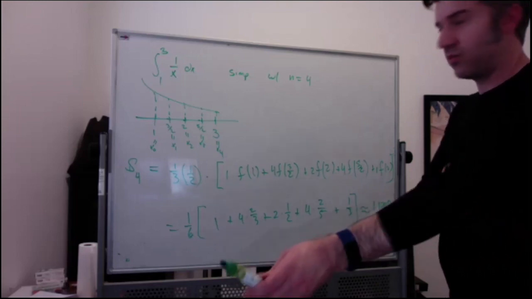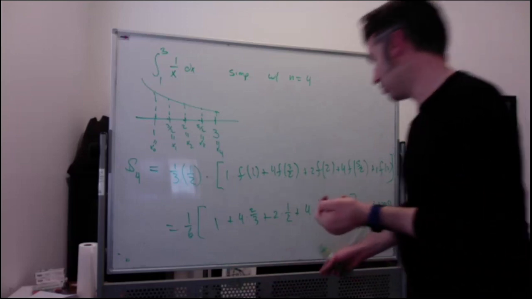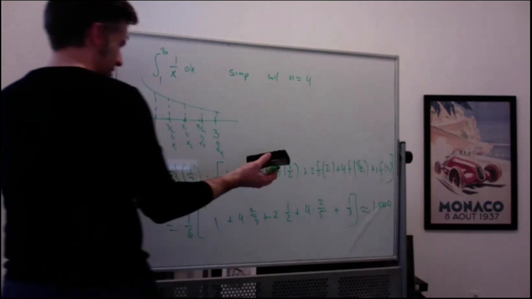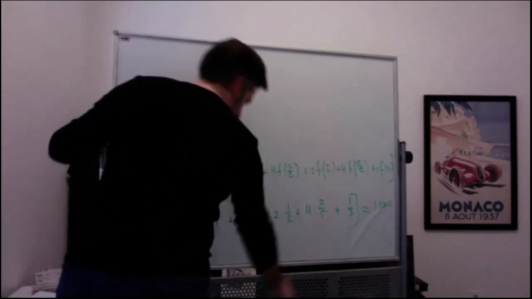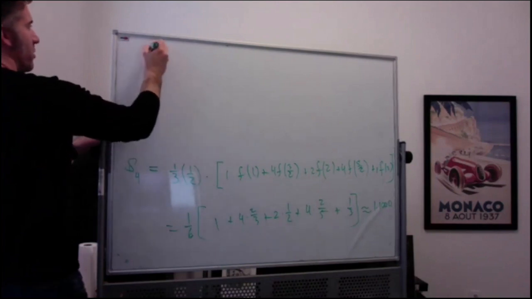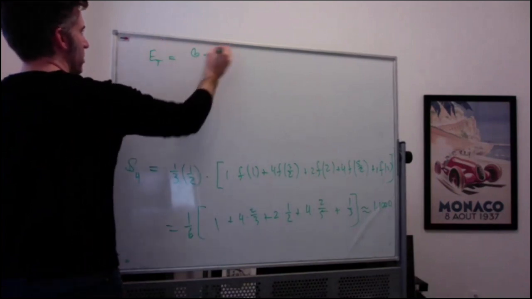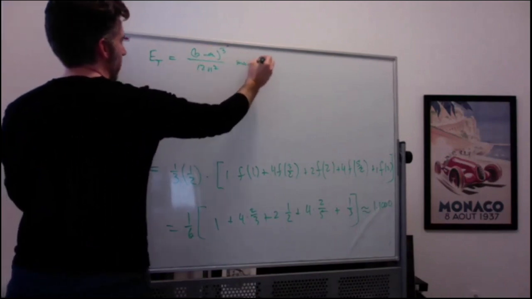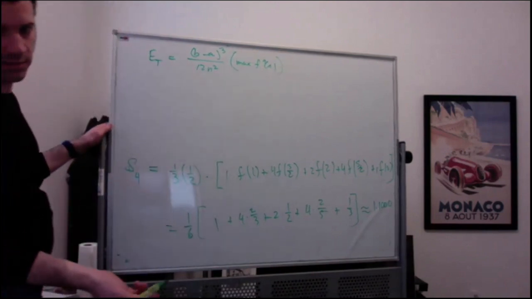And then we should also talk about the error formula for Simpson's rule. The error formula for the trapezoid rule, I'll remind you guys, is b minus a cubed over 12n squared times the max of f double prime of x on the interval that we're working on.